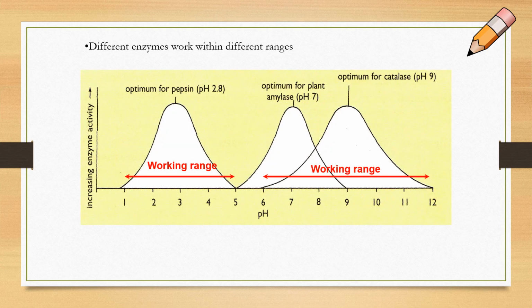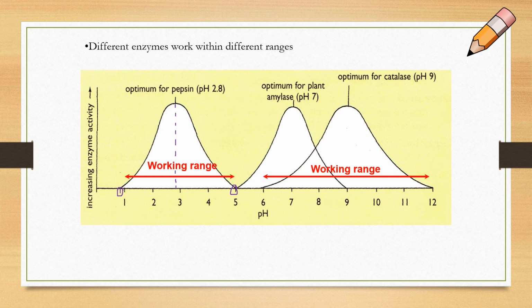If you look at pepsin, for example, its working range is about 0.8 to about 5. If you want to look at the optimum, we always need to take it from the top of the peak and then go down with a ruler. That gives us about 2.8.